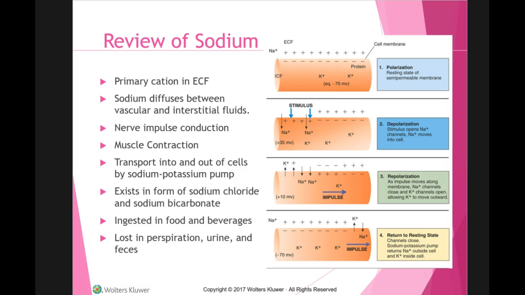You can get sodium, of course, by ingesting it in food and beverages, and you can lose sodium through perspiration, urine, and feces. Sodium levels in the body are primarily controlled by the kidneys, and this is through the actions of aldosterone.